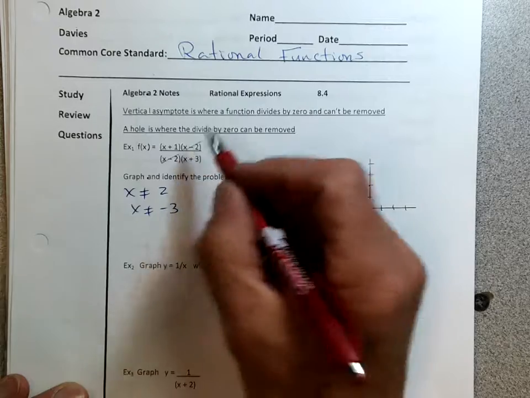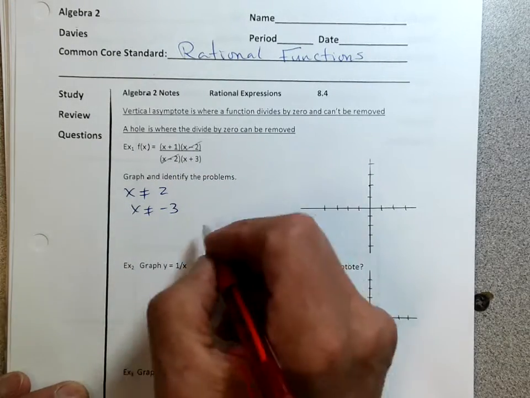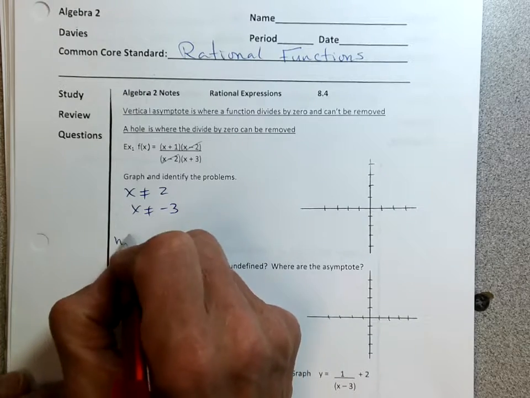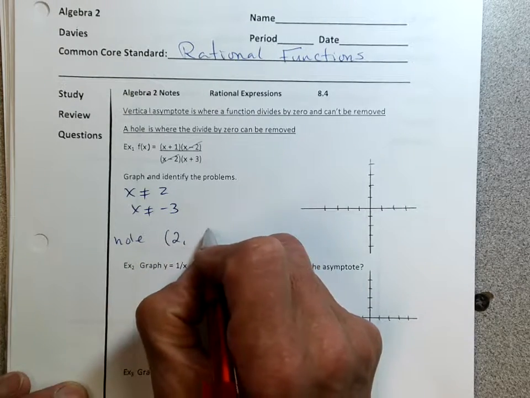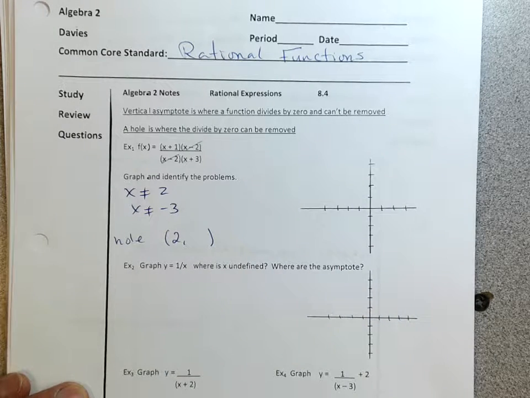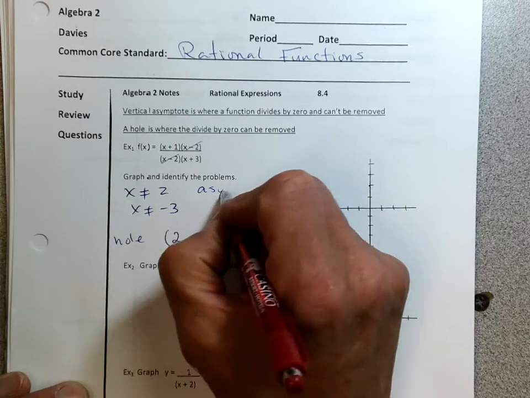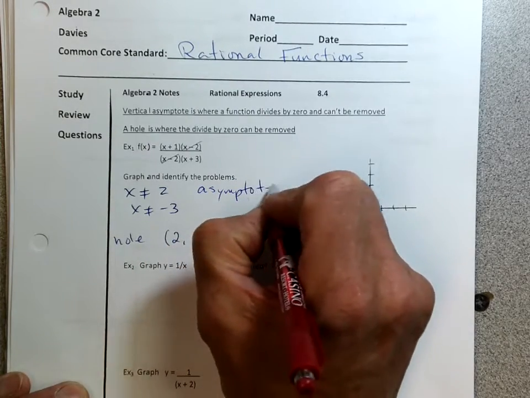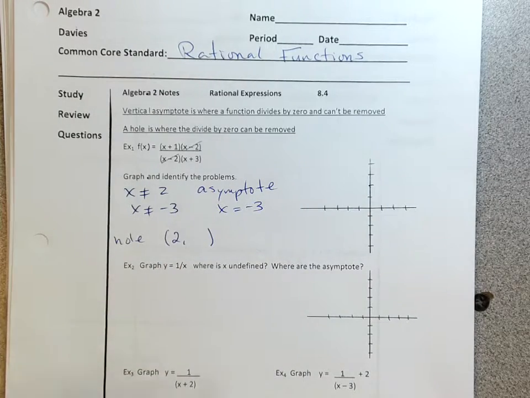Okay, now, because I can cross-simplify the x minus 2's, then I know for sure that I would have a hole at 2 something, right? I'd have an asymptote at x equals -3.